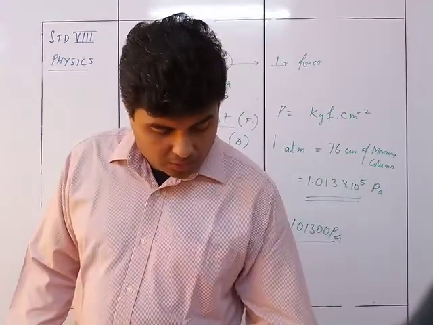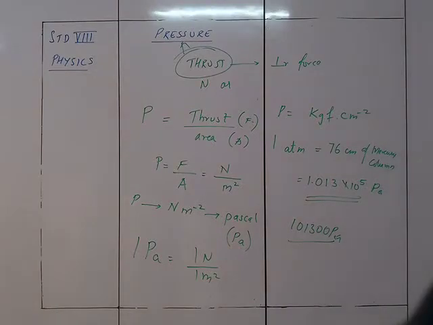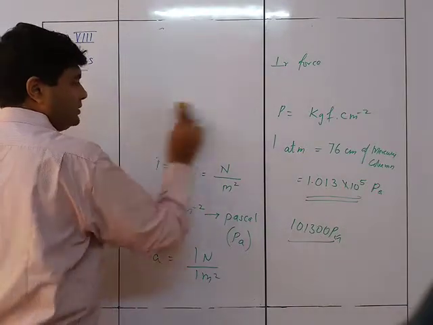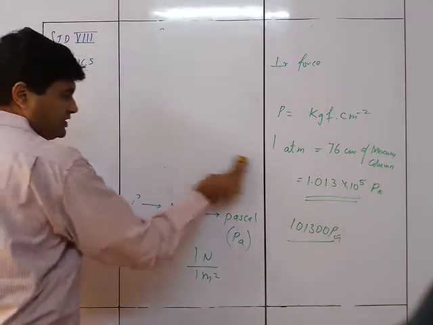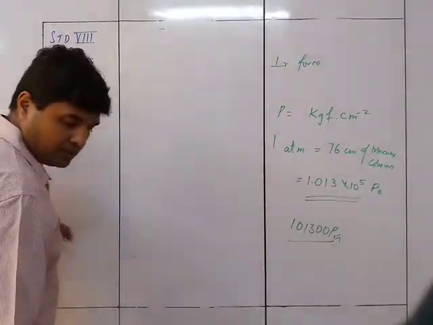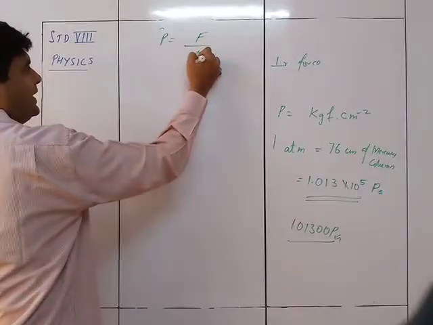We now move on to the factors affecting the pressure. In fact, we can find it from here itself. We know that pressure is equal to force upon area, thrust upon area.